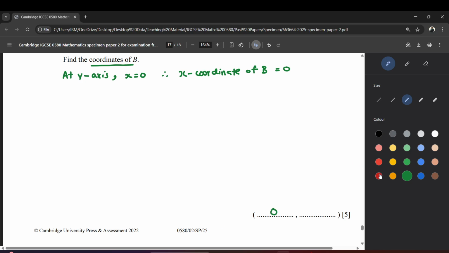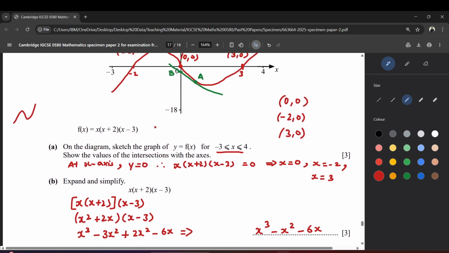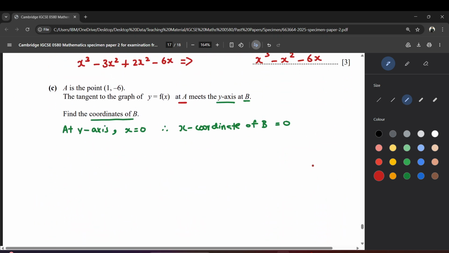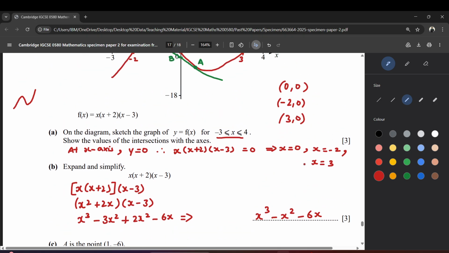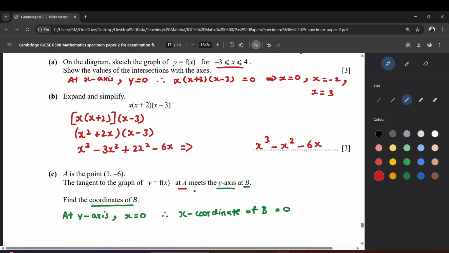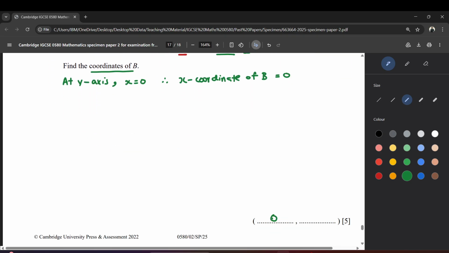Now what we need to find is the y coordinate at this point. In order for you to find this, and also you can see that this is a 5-mark question, so definitely there are 3 to 4 steps involved here. We need to first find out the equation of the tangent, because we know that the equation of a tangent is going to be in the form y equals mx plus c, and we have already deduced the x coordinate of B.